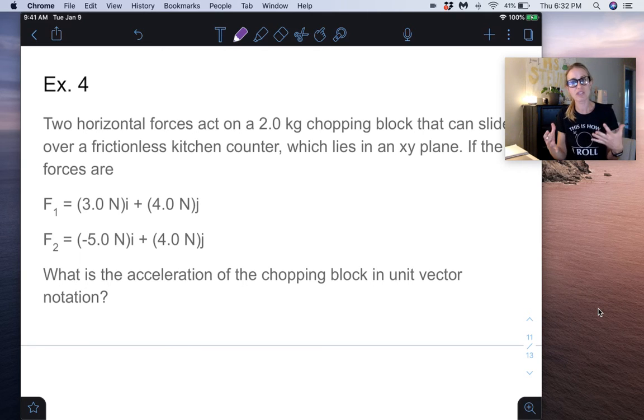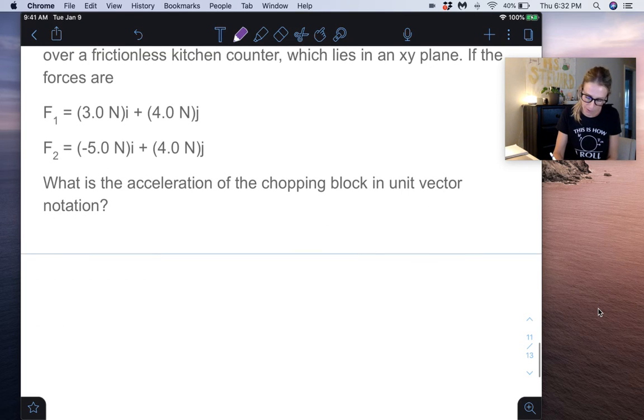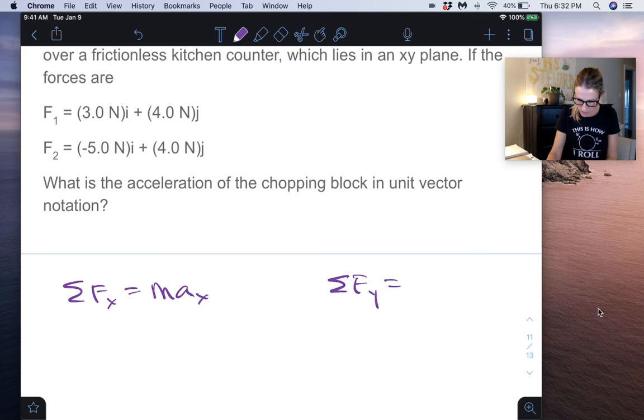When you get stuff in unit vector notation like this, it's almost like they did a part of the problem for you, because they're already giving you the x and y components of those 2 forces. So all we have to do now is add up the forces in the x direction and add up the forces in the y direction, because net force in the x direction will equal mass times acceleration in the x direction, and net force in the y direction will equal mass times acceleration in the y direction.